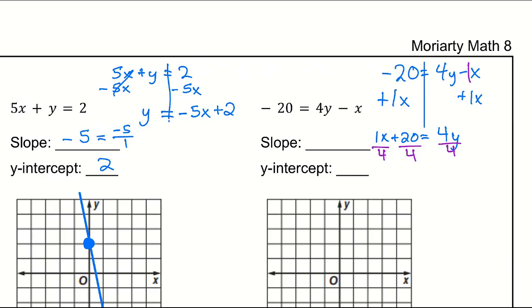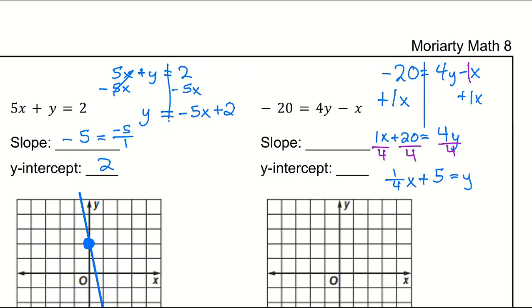Okay? When you do that, and I know you're probably running out of room, I apologize, you're going to have 1 over 4x, just leave it as a fraction. If you put it into a calculator, it will give you 0.25, and you can't graph a decimal, so you need to convert that to a fraction. 20 divided by 4 is 5, and then 4 divided by 4 is 1, or just y.